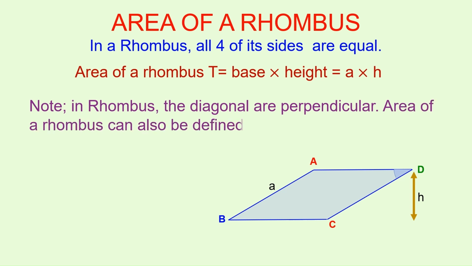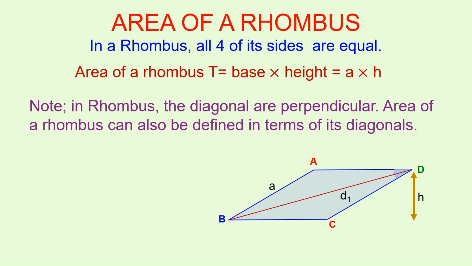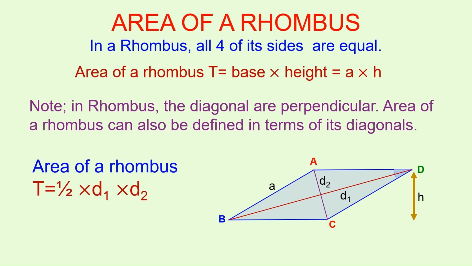Area of a rhombus can also be defined in terms of its diagonals. Area of a rhombus T equals 1/2 times D1 times D2.